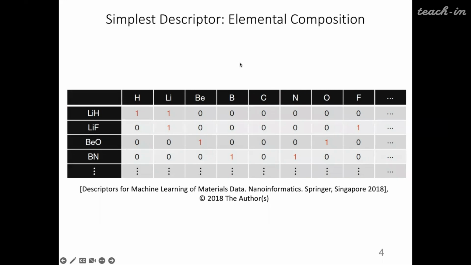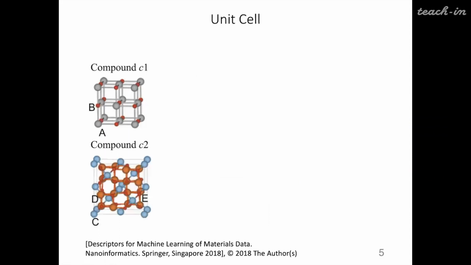We can include different stoichiometric numbers. And if we consider unit cells, then we may want to describe atomic properties in this unit cell somehow. So how can we do that?